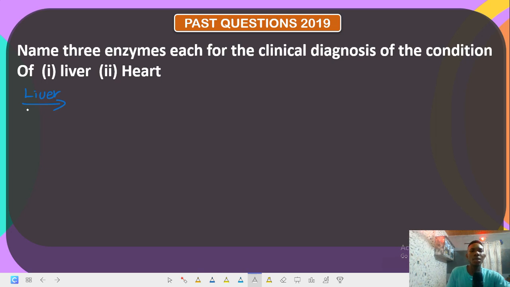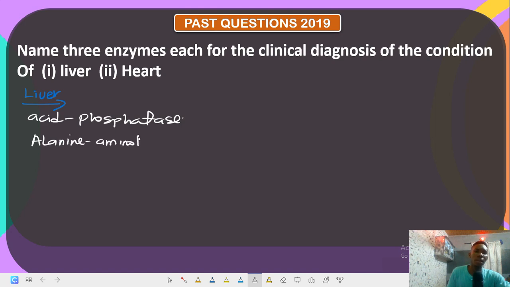Talking about the ones found in the liver, you have acid phosphatase, then alanine amino transferase, then aspartate amino transferase.